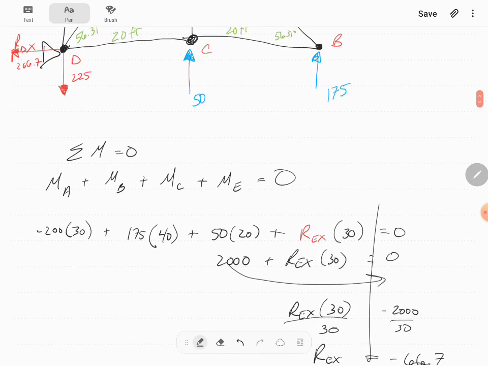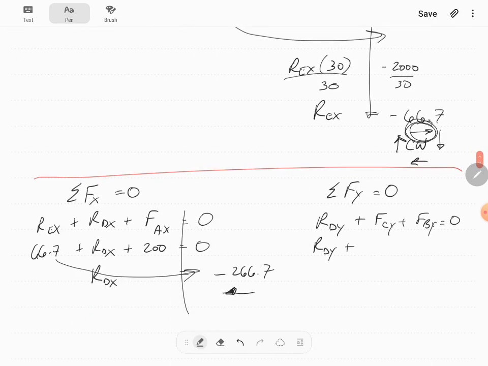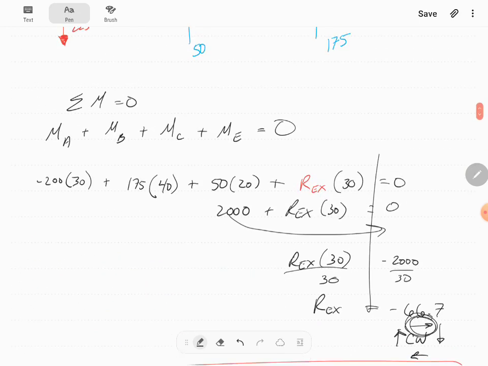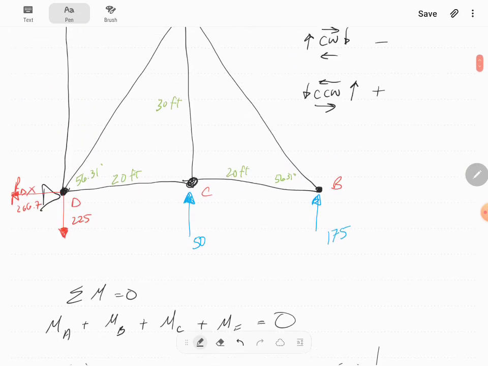And again, our forces are 50 and 175, both going up, so both positive. So what happens? RDY is equal to, that's 50 plus 175, cross the line, change the sign, negative 225. Just like we assumed, that means it's pointing down. Confirming that's what this is.